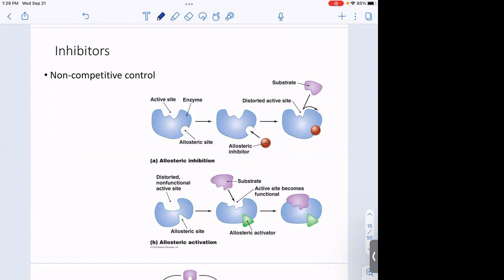So here we've got the top one is allosteric inhibition, but sometimes there's going to be some allosteric molecule that actually changes the active site so that the substrate now will bind. And we could refer to it as an allosteric activator. So it can kind of work both ways.